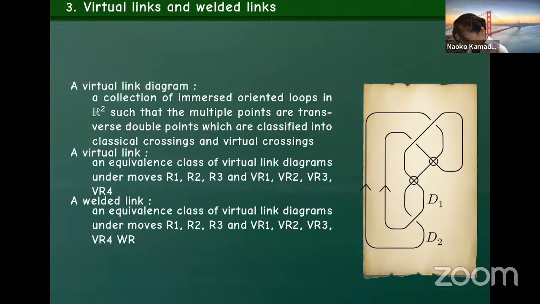A welded link is an equivalence class of virtual link diagrams under moves R1, R2, R3, VR1, VR2, VR3, VR4, and WR. WR is the so-called forbidden move.